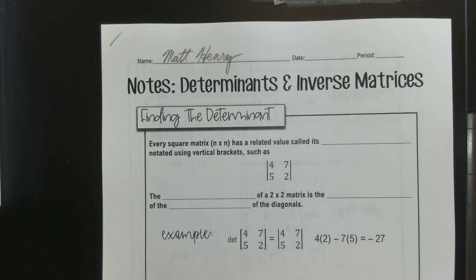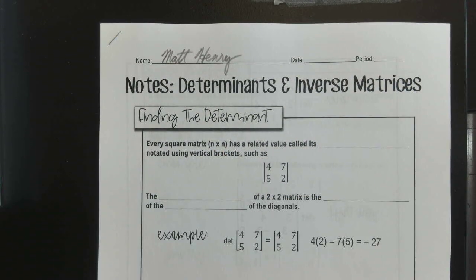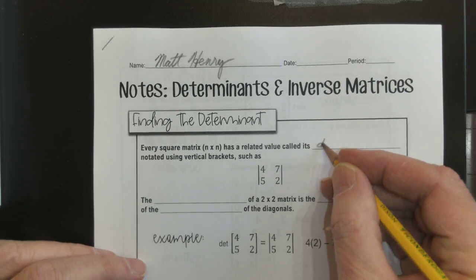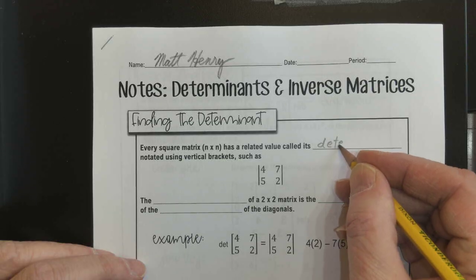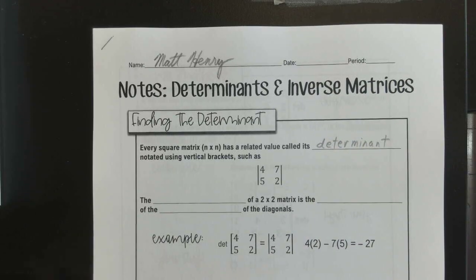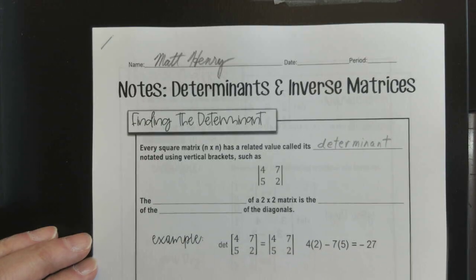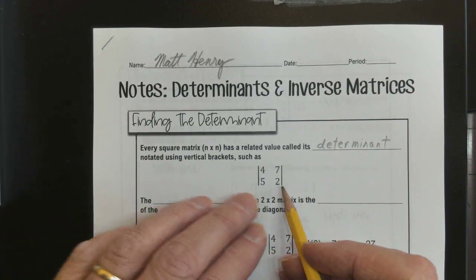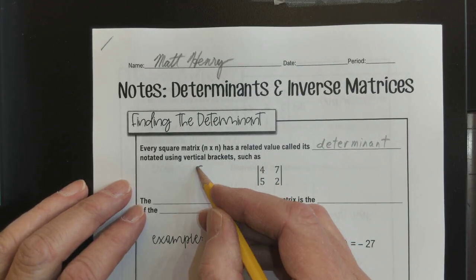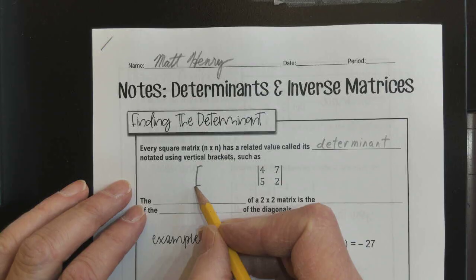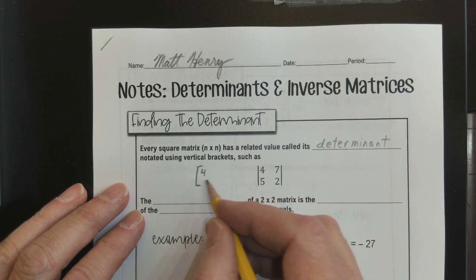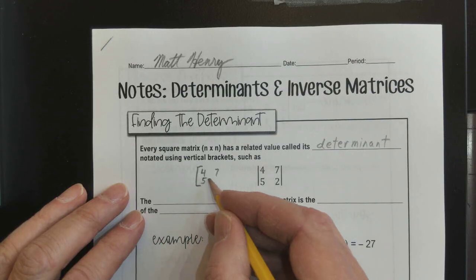Every square matrix, n by n, has a related value called its determinant. Noted using vertical brackets. Usually a matrix has this kind of bracket, so 4, 7, 5, 2.